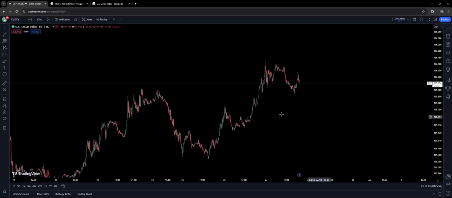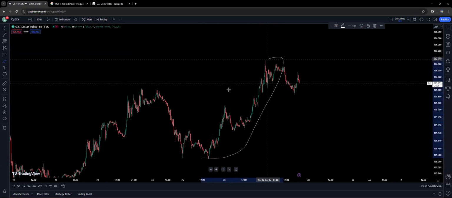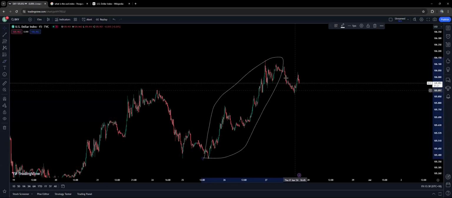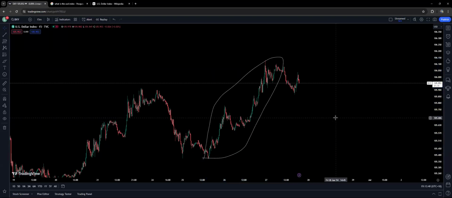So this move here, this move up, okay, let me check. So this move up here, all right, 2 days, 26, 27, not counting today, but 26, 27. We had a comeback, all right. We are up above the 106 levels that we couldn't breach before here.